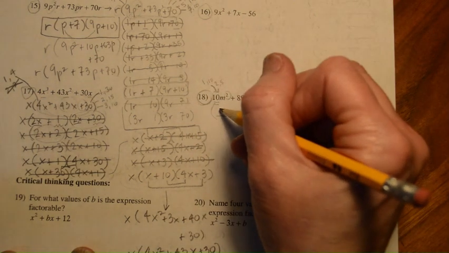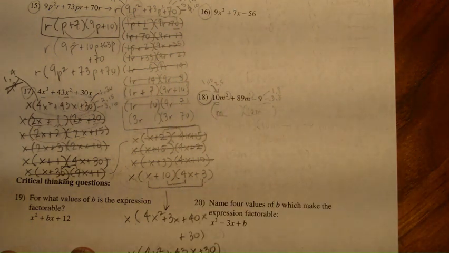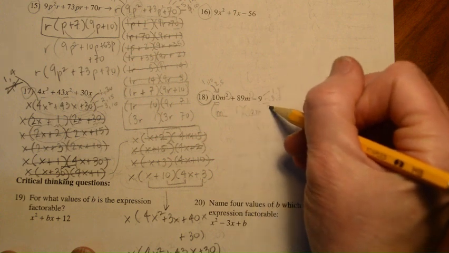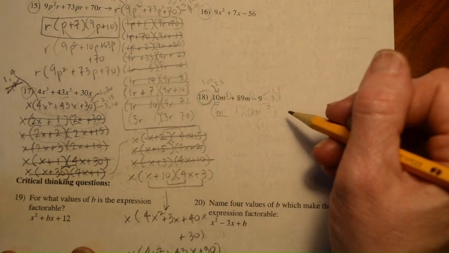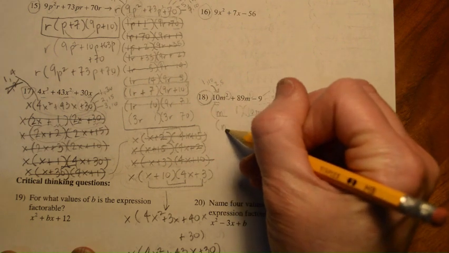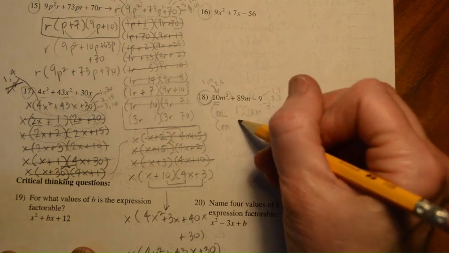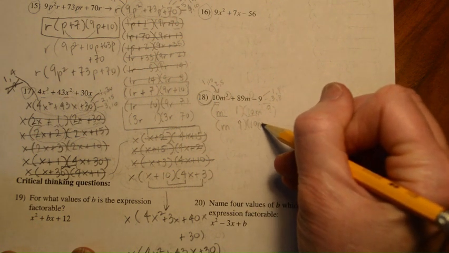So let's start with the 1 and 10. So we've got m and 10m. Right? Then we ask ourselves, we put 1 and 9 in here. Will it make a difference if we reverse? Well, yes, it will, because these two are not the same. So then I could get m and 9, and 10m and 1.